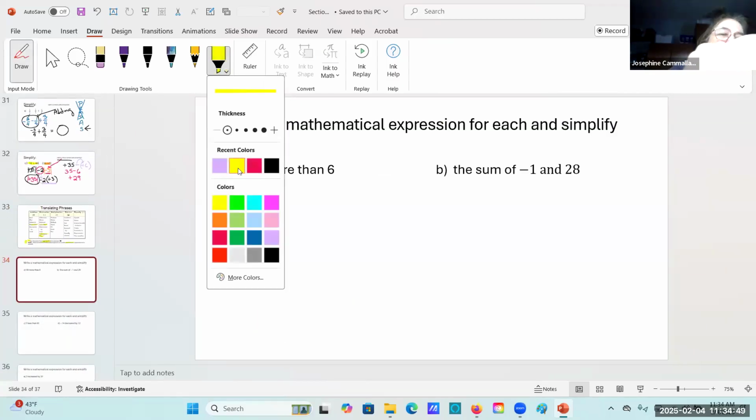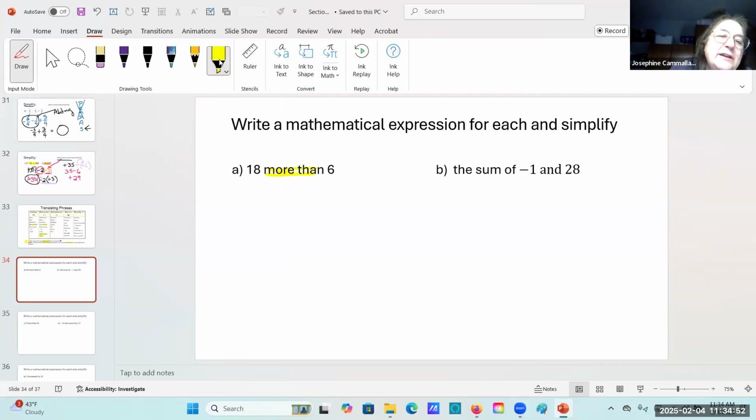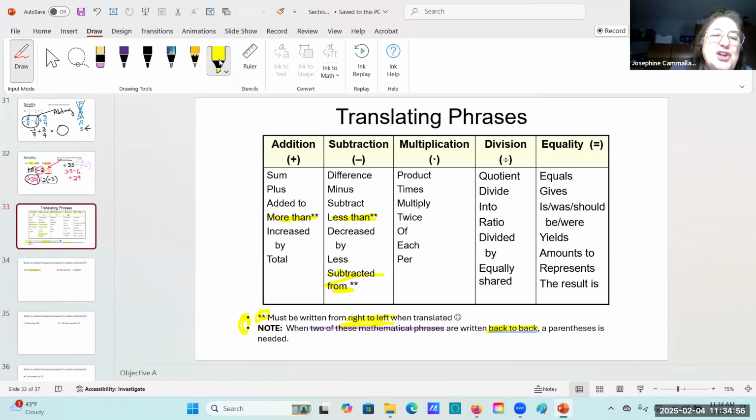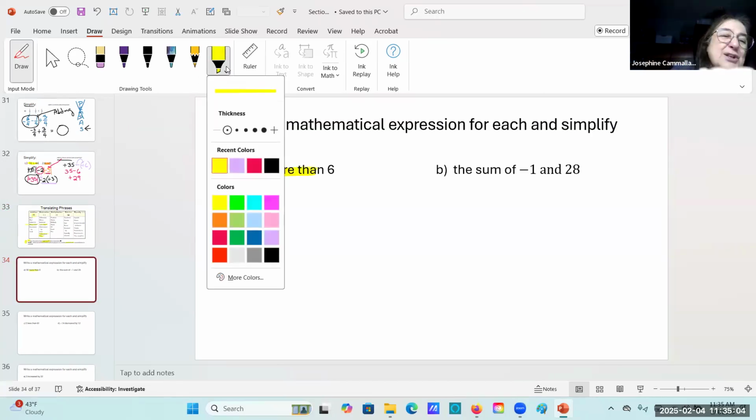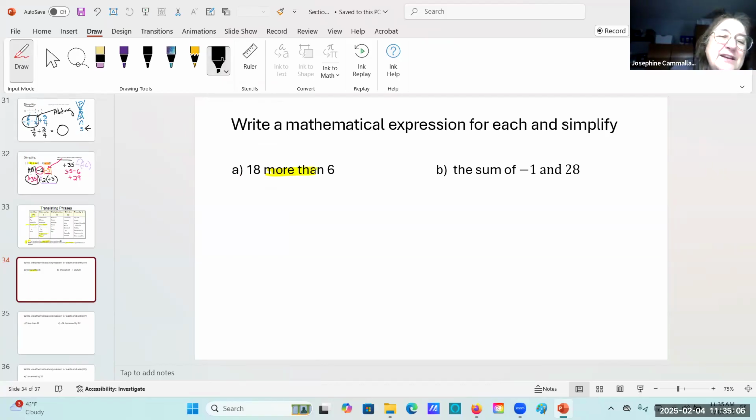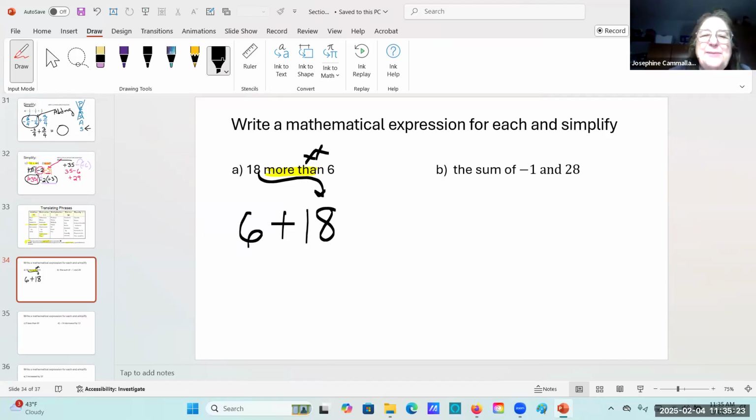Okay, look at this phrase, more than. If we go back to that translating page, notice that more than is in the add place. So that means where this word more than, I'm going to put plus. But because this had the double asterisk, this 18 is written behind the 6.